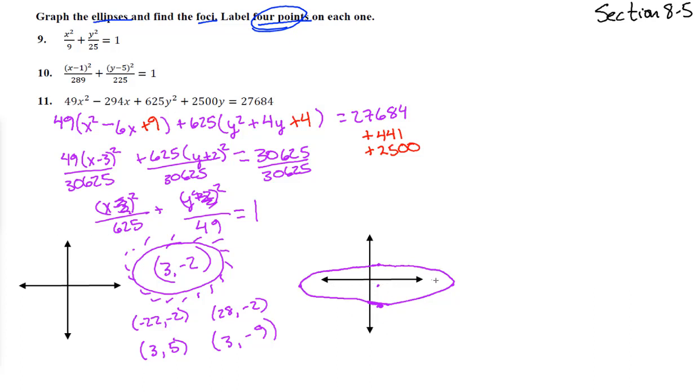All right, so let's find the foci. Foci are along the major axis, so they look like they'll be out here somewhere, out here somewhere. So let's remember how to do it. The distance from the foci up to that minor semi-axis, that distance is our major axis, 25, and that's a 7. And so how far the foci are out really is a question mark.